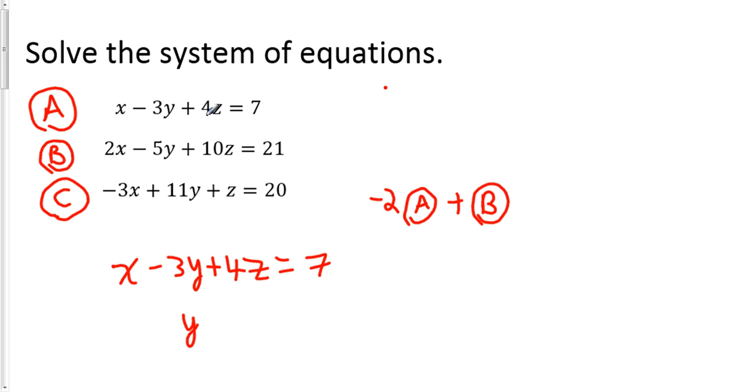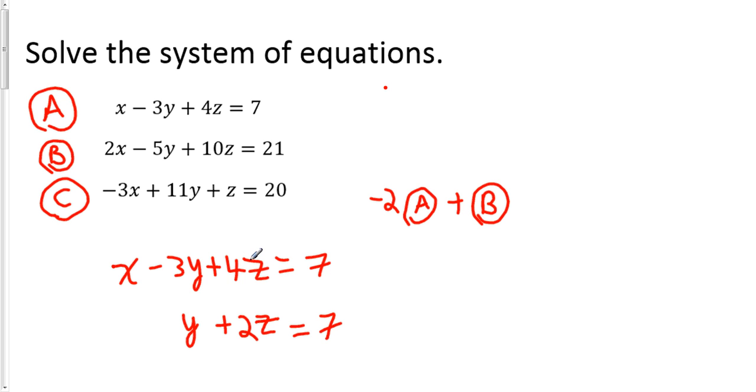And if I take -8z and add it to +10z, I'm going to get +2z. And I'm not done, I still have the other side. When I multiply -2 by 7, I get -14. And then -14 plus 21 is equal to +7.